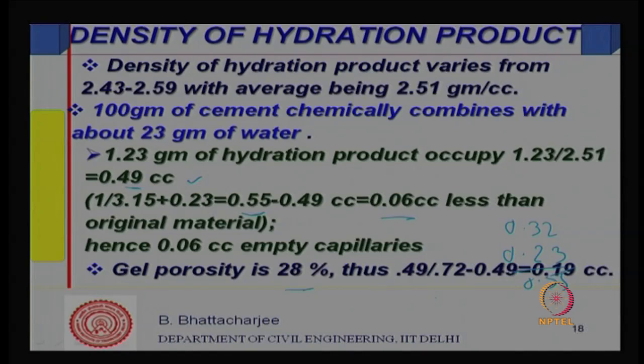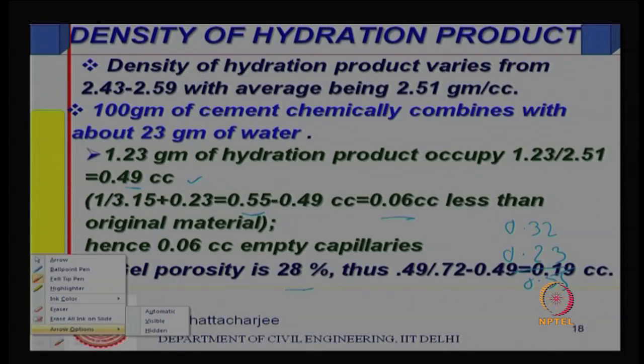So, it has got internal pores of 28%, with 0.06 cc of water remaining aside, but this 0.49 actually will occupy much higher than 0.49, because a characteristic porosity of 28% is there.